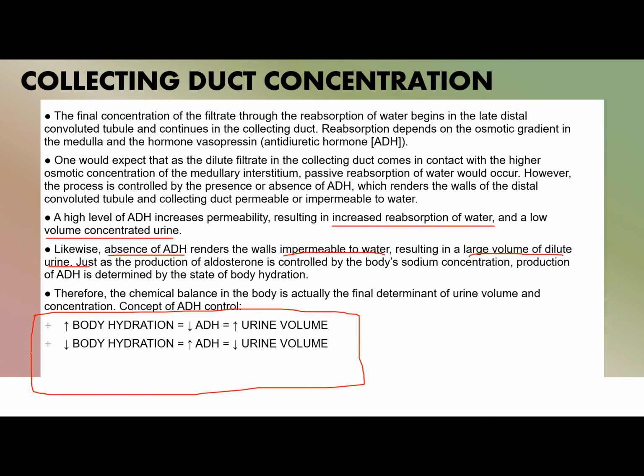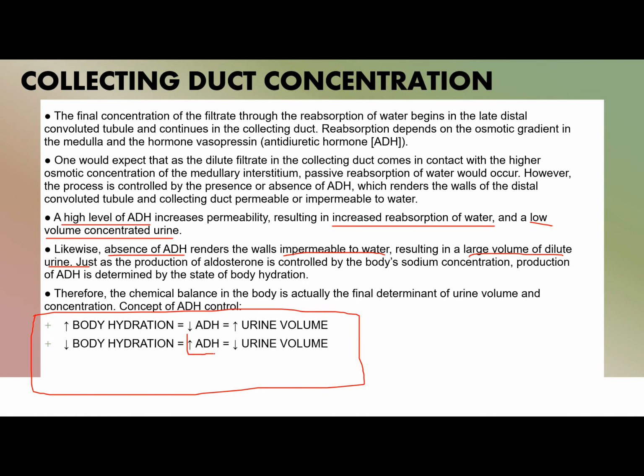In the last phase of concentrating your urine, a very important aspect is related to your antidiuretic hormone, or vasopressin. It says here, class, that when your ADH is high, this leads to increased water absorption and a low volume of concentrated urine.